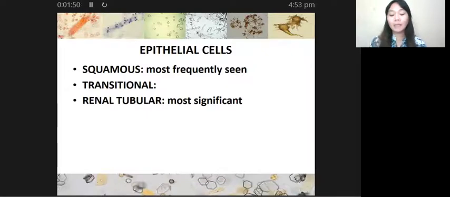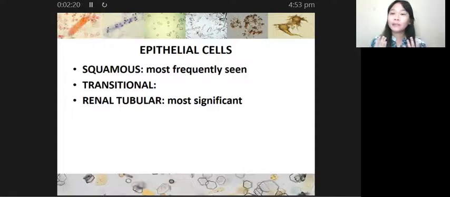Okay? So anong mga cells ang pwedeng present sa ating urine sample which are due to desquamation? So of course, we have our epithelial cells. Okay? So epithelial cells, there are three depending upon the origin. Kung saang part ba ng genitourinary tract galing yung cell na ito, kung saang epithelial lining siya galing.